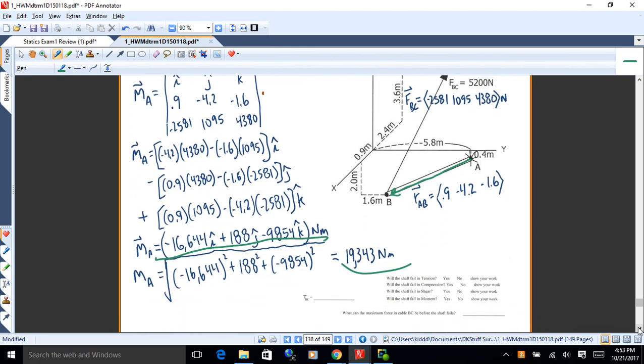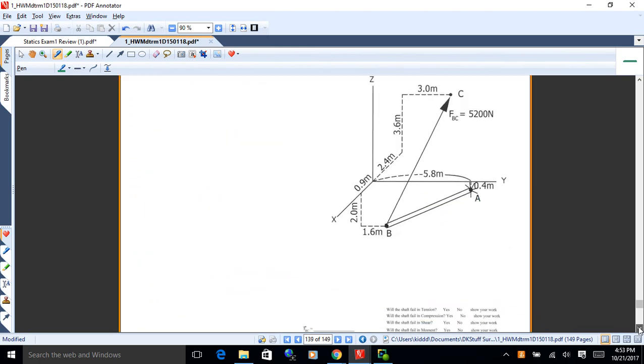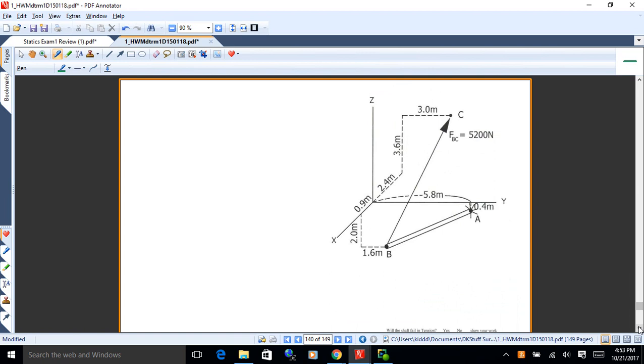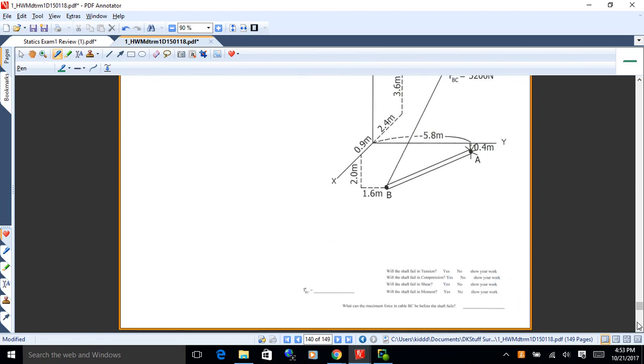Okay, so that's the basics of doing that problem. I also have the little bit down there at the bottom that asks what is the maximum force, or I guess the minimum force, that would cause BC to fail. Fail means to have the applied forces exceed the allowable forces.